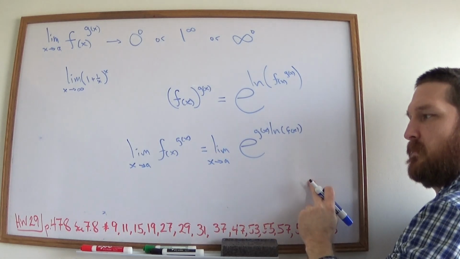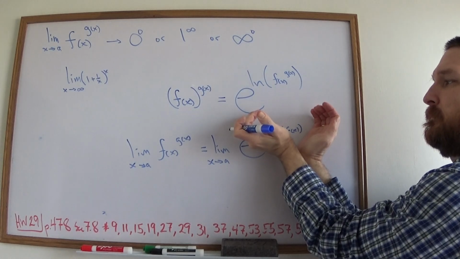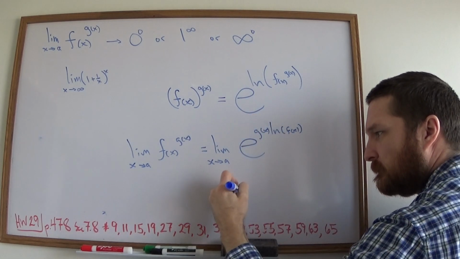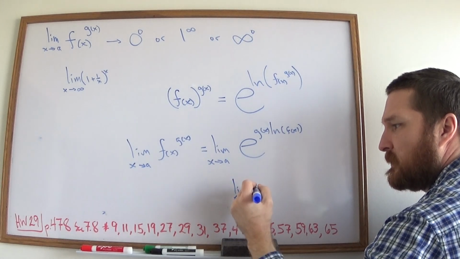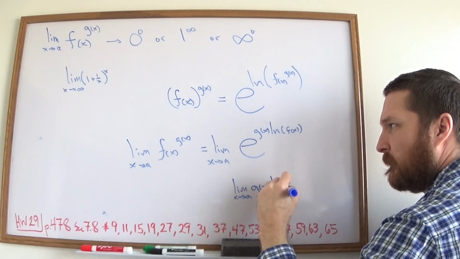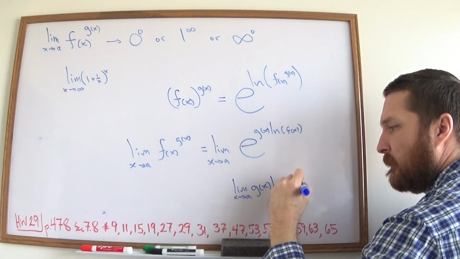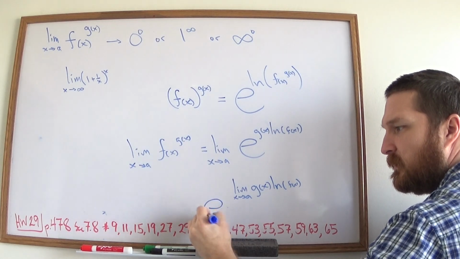But if that's the case, then what you do is evaluate the limit here, because e's not changing as you change x. So you just evaluate that limit, and then when you're done evaluating it, you plug it into e.